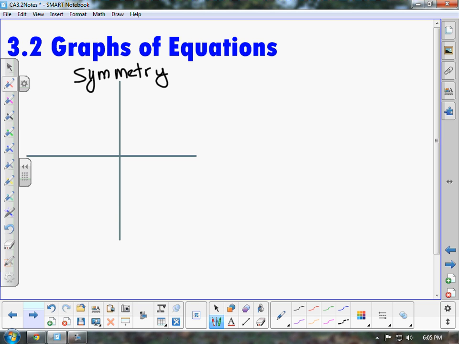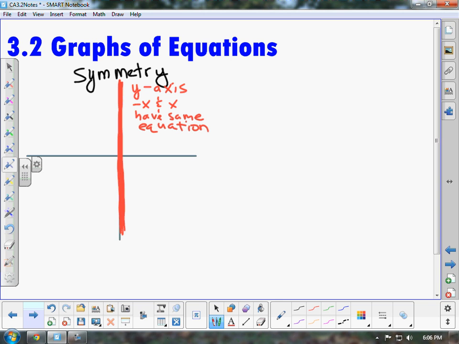If you are talking symmetry with respect to the y-axis, if it's y-axis symmetry, then the opposite of x and x have the same equation, or the opposite of x and x have the same value all the time.